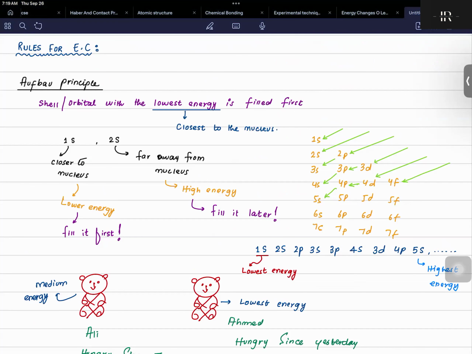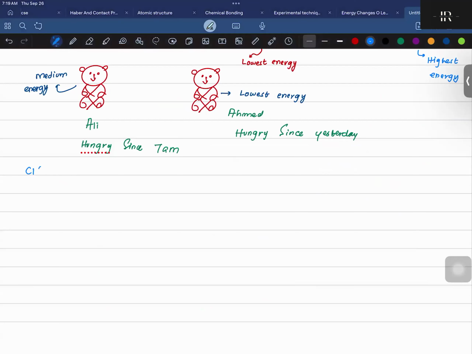This table is helping us decide which orbital is having the highest energy and which orbital is having the lowest energy. And then let's suppose I have chlorine whose proton number is 17, and you know that proton number is represented by Z. So you would be writing 1s2, 2s2, 2p6, 3s2, 3p5. Am I right?